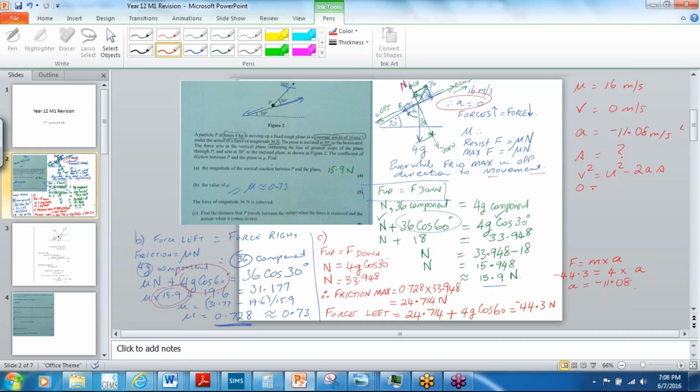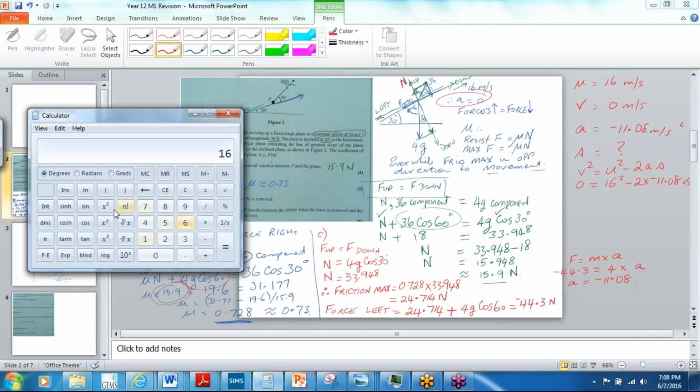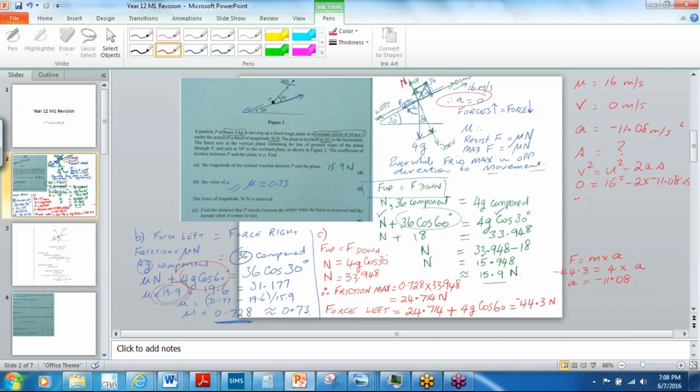So v squared is 0. 16 squared minus 2 times negative 11.08 times s. So negative 16 squared is 256.